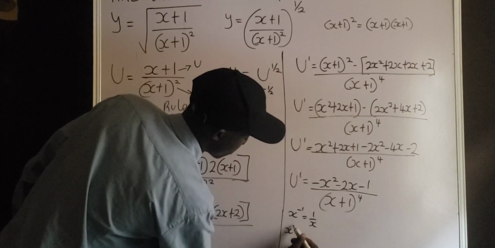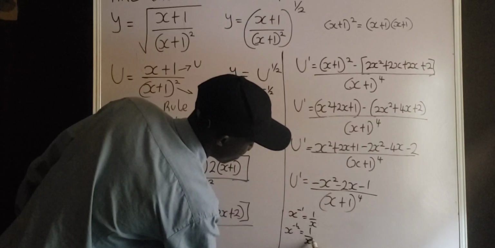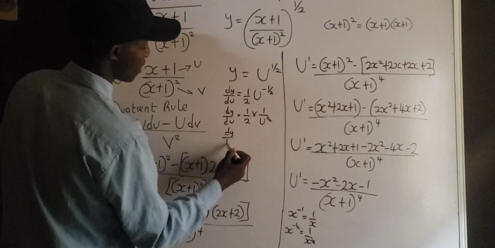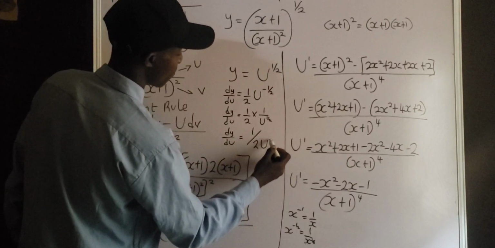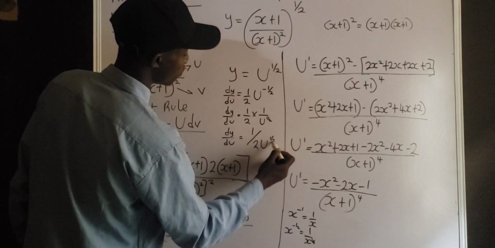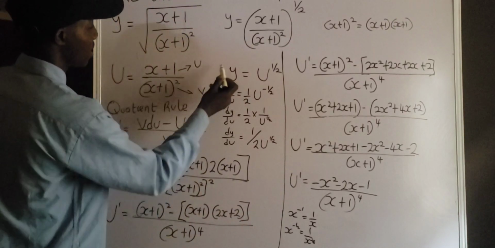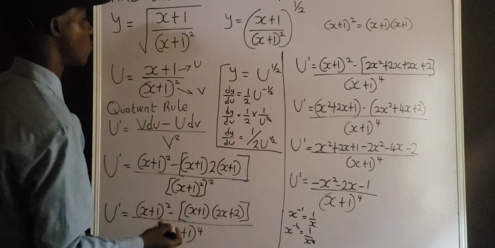So x raised to the power of 1 over 2 is equal to what? 1 over x raised to the power of 1 over 2. So dy over du is equal to 1 over 2 u raised to the power of 1 over 2. So I have taken the derivative of the outer function, which is 1 over 2 u raised to the power of 1 over 2.